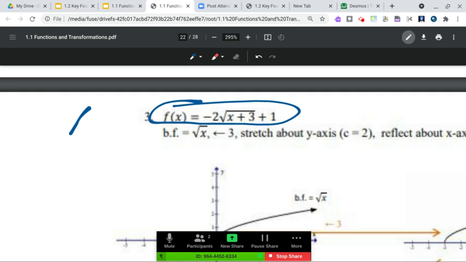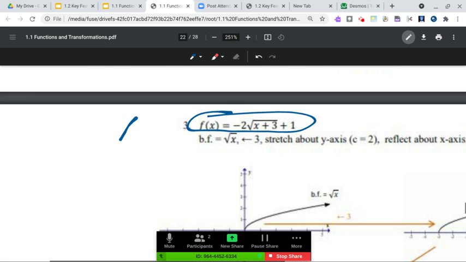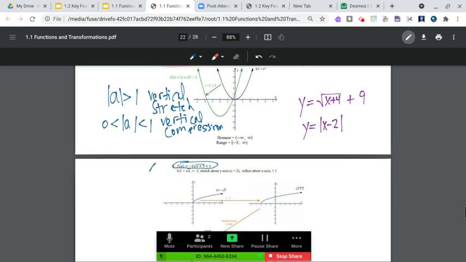What does the leading 2 do? Yes, it's a vertical stretch. What does the x plus 3 do to the graph? Good. And what about the plus 1 at the end? You got it. Perfect. Excellent.